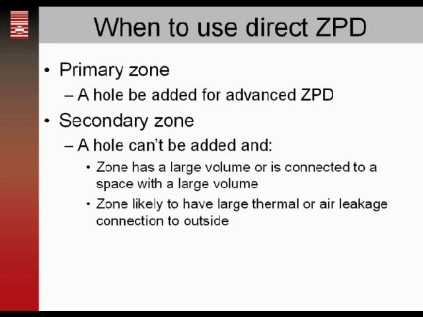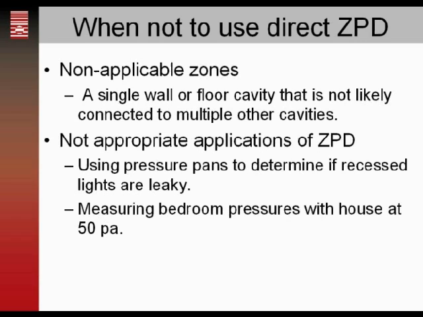Also if the zone is likely to have a large thermal or air leakage connection to the outside, such as a chaseway, it could be a large plumbing chase, a chimney chase, or a duct chase. A large chase that may be open on the top and have a large thermal or air leakage connection to the outdoors through the attic space.